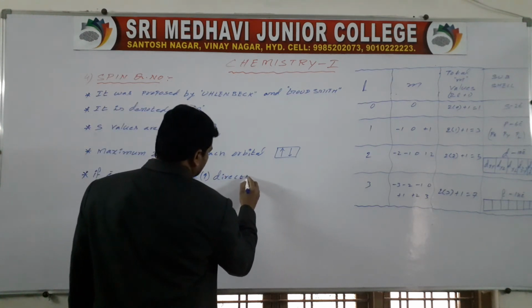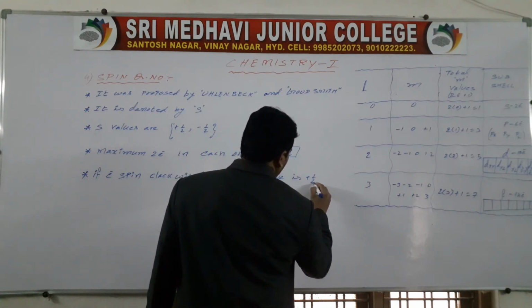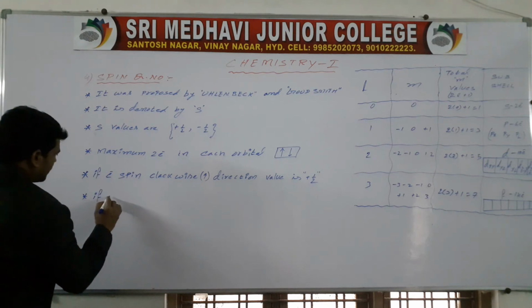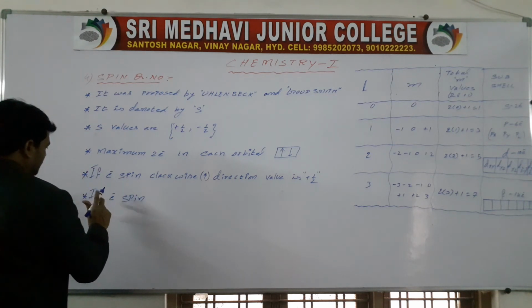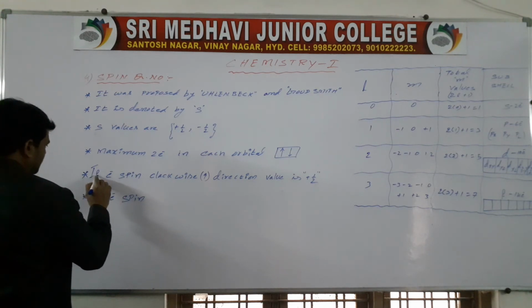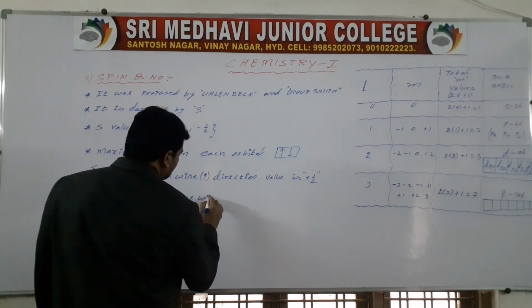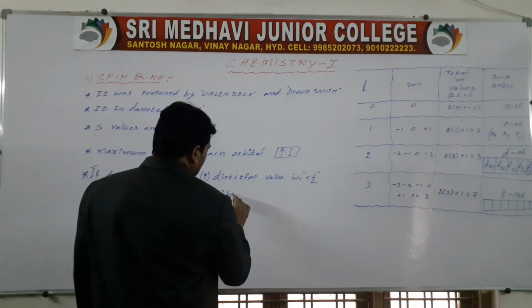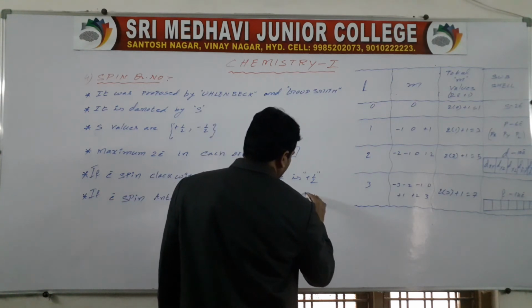direction, the value is plus half. If the electron spins in the anti-clockwise direction, the value is minus half.